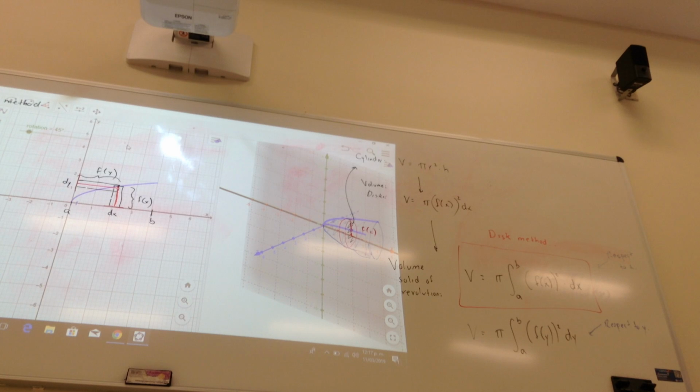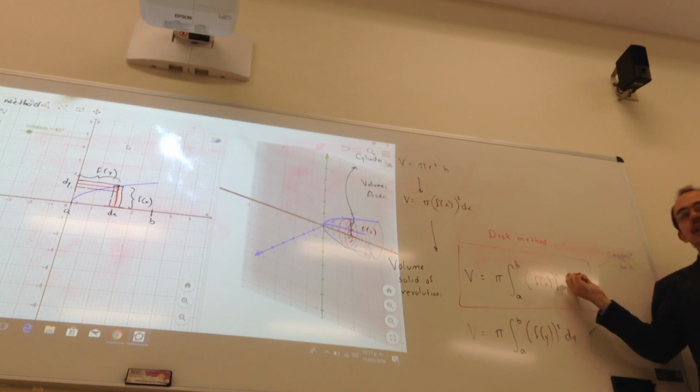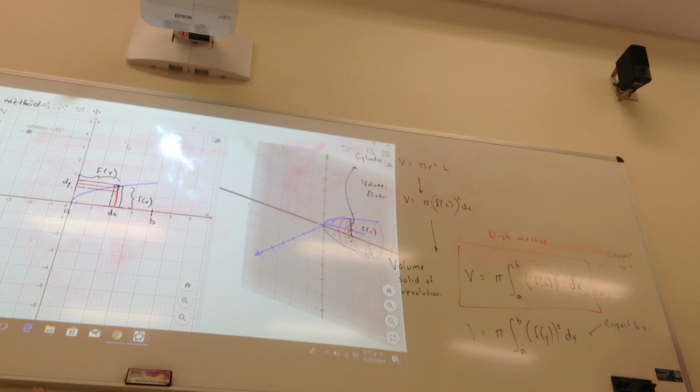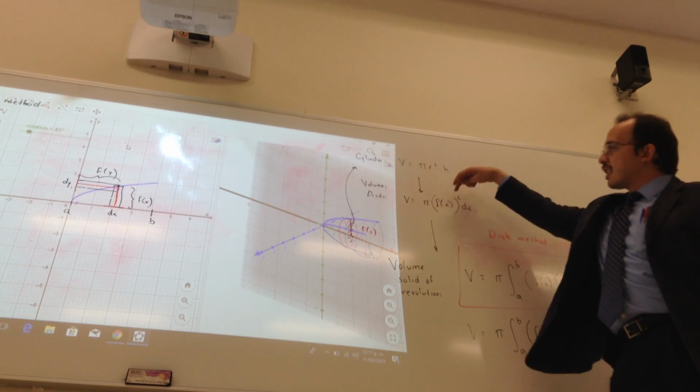So basically this is an extension of the area below a curve, but with the added extra of the pi and the square of the function. Mr. Bird, aren't you getting just a little disc and not the whole? Yeah. A single disk is different.